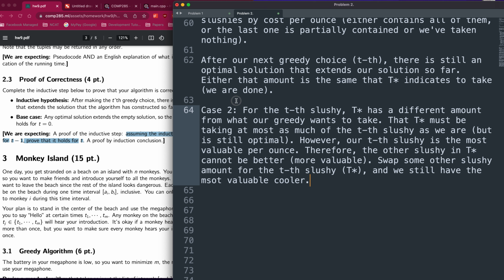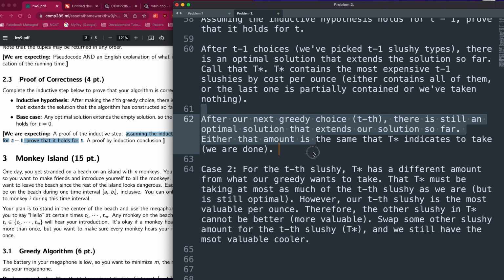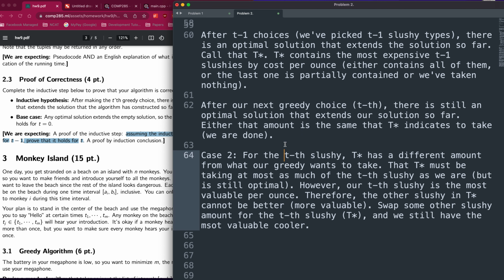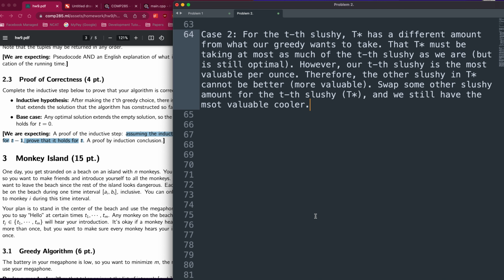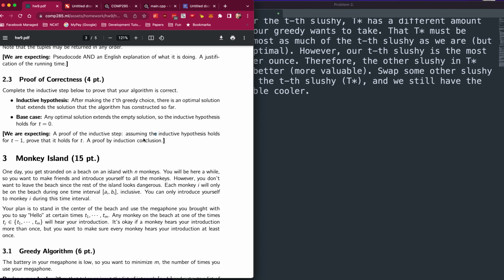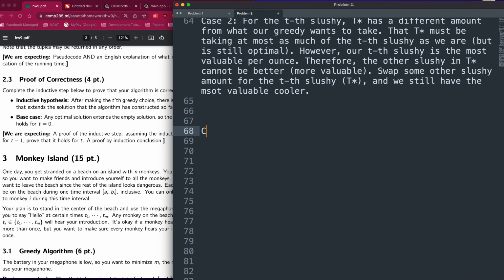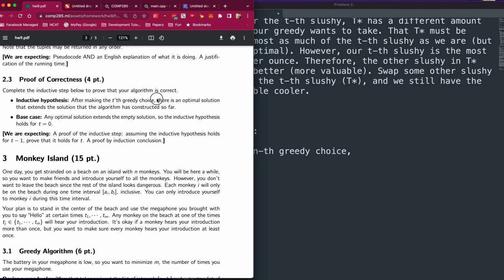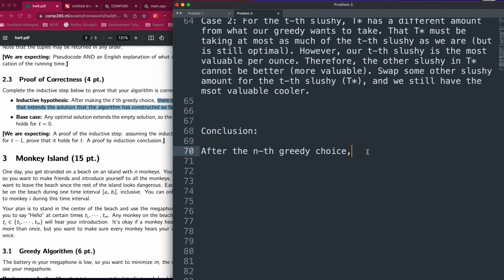Okay. So case 2 is the more difficult one, but once you've gotten through case 1 and case 2, that gives you the proof for the inductive step. And what's after the inductive step is the conclusion, where you can just say, after the nth greedy choice, there is an optimal solution that extends our solution to the algorithm so far.